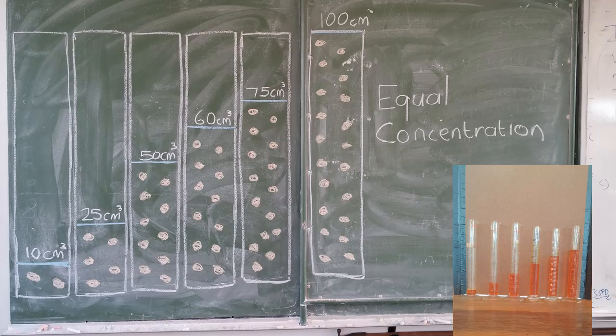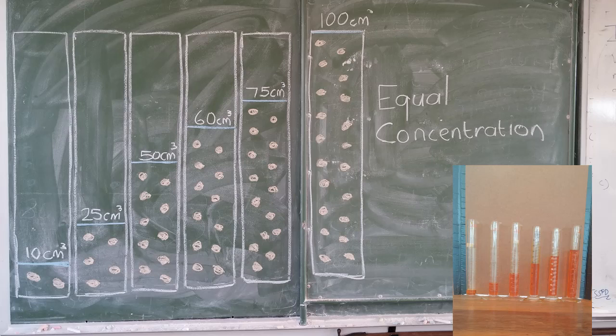But the concentrations are the same. What is decreasing is the number of particles in a given volume. If you look at the measuring cylinders qualitatively, in terms of the color, you can see that there is no color difference between the 6 measuring cylinders, and that should tell you that the concentrations are the same.